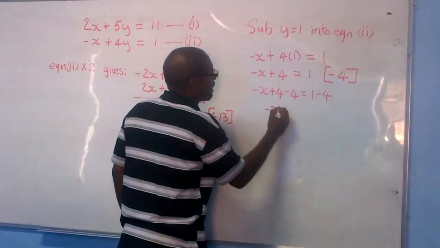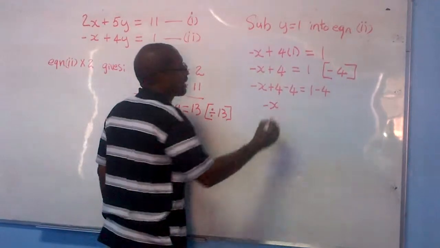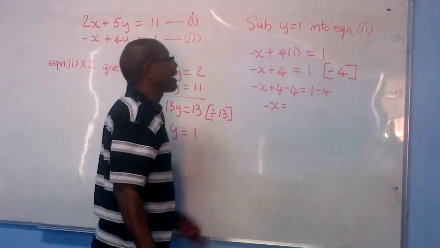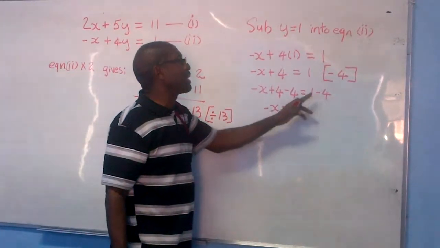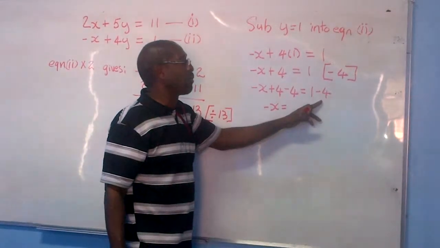So we will have negative x equals, now we have a positive 1 being added to a negative 4.